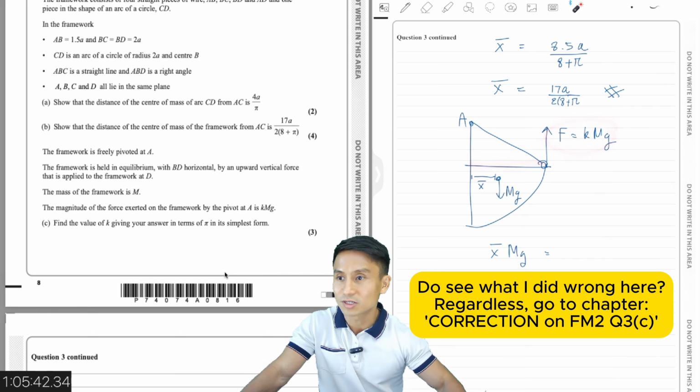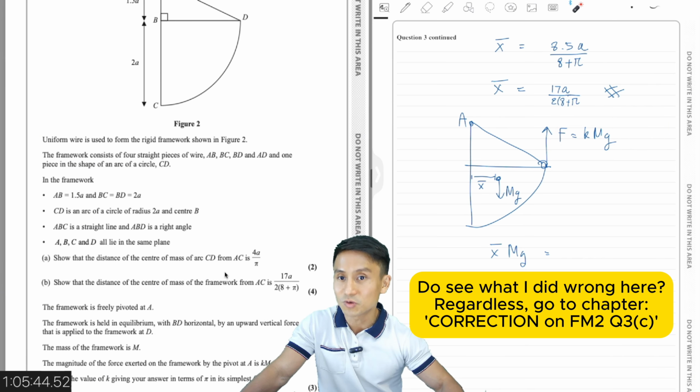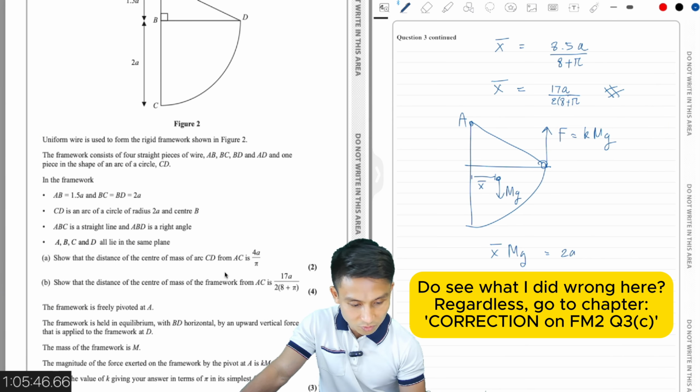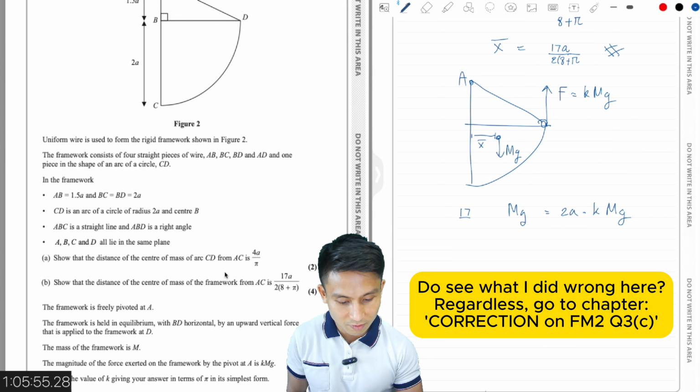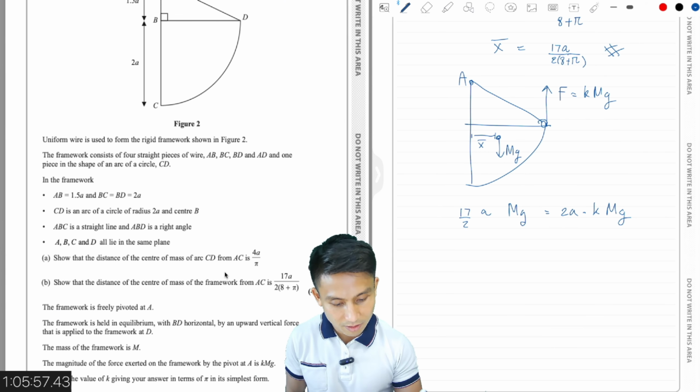This distance is the distance BD, which is 2a. So 2a times kmg, basically. And x bar would just be the whole term that we got earlier, which is 7a over 2 over 8 plus pi there.